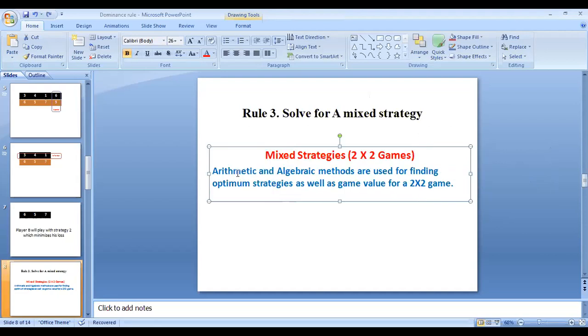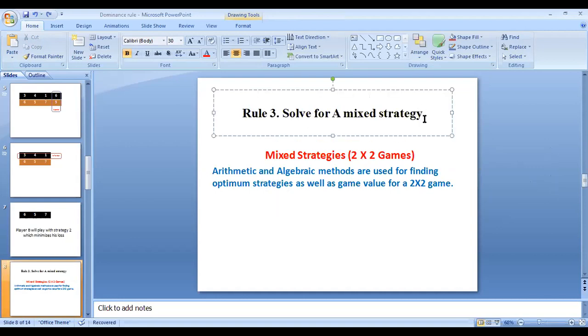There are two methods by which you can find the optimum strategy as well as the value of the game if it is reduced to a 2 by 2 game. This comes under the third rule of game theory, that is, solve for a mixed strategy.